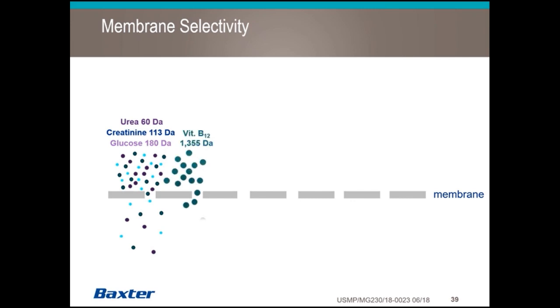And then as these substances get larger, vitamins, minerals, microglobulins, you can see that it takes a little bit more effort to get them through the filter, and they're not going to as passively diffuse. It's going to take that convective therapy, that force of therapy to get them through there.